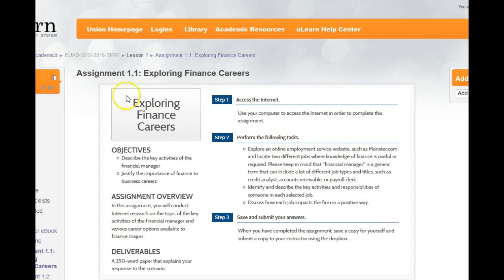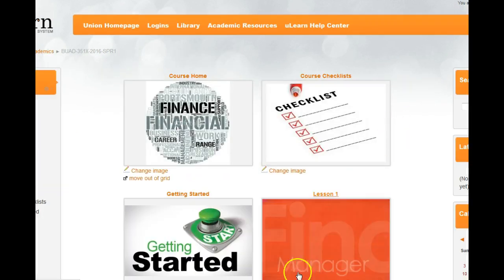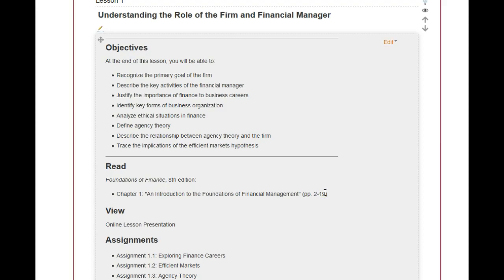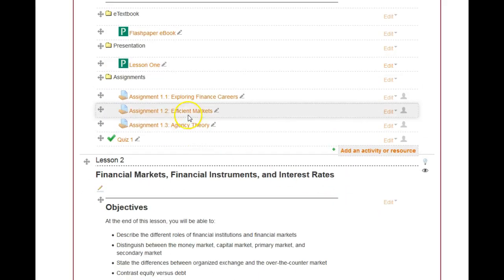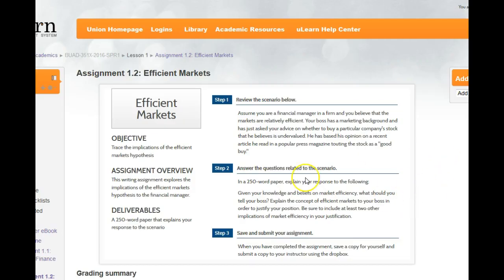Then we look at one more. We have 2 more. Let's go down and look at efficient markets, and efficient markets is fairly straightforward. It kind of reflects what I was talking about. Somebody's father asked the opinion of a good buy. He heard that it was undervalued, and you need to reply about your beliefs and knowledge of market efficiency.